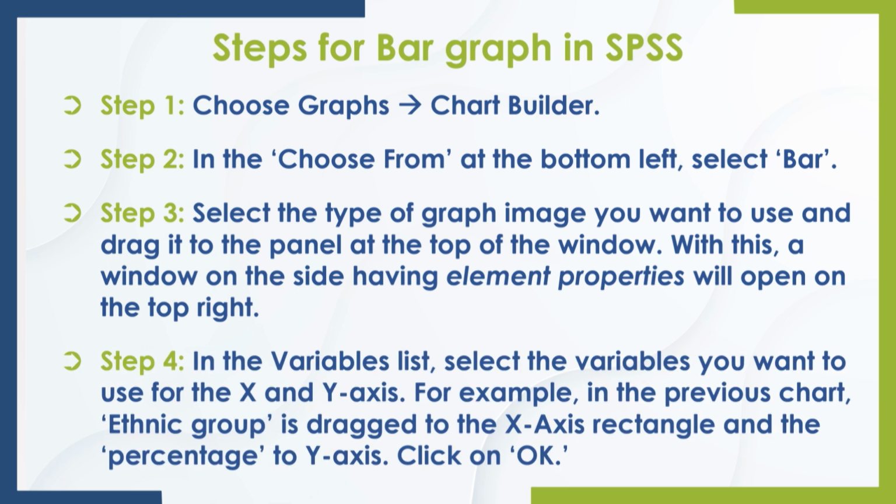The final step is, in the variable list, select the variables you want to use for the x-axis and y-axis. For example, in the previous chart, ethnic group is dragged into the x-axis rectangle and the percentage to the y-axis, then click OK, and you will get the bar graph in the SPSS output viewer.